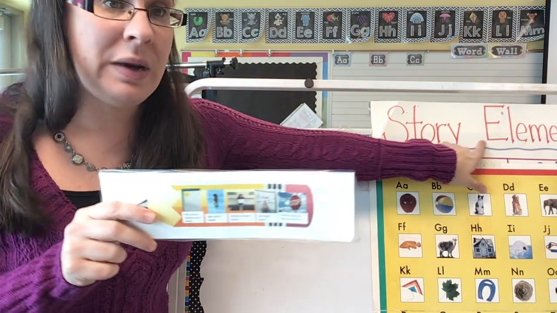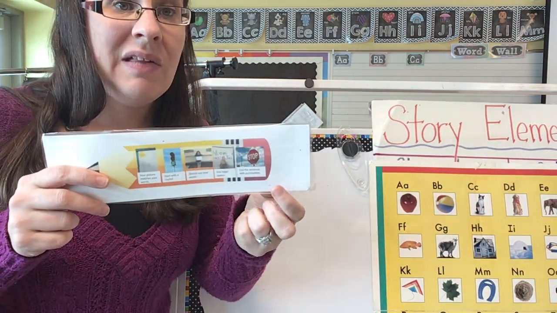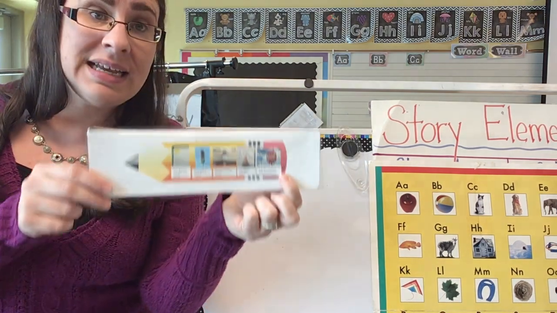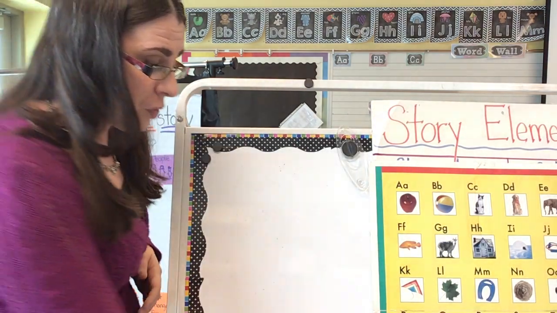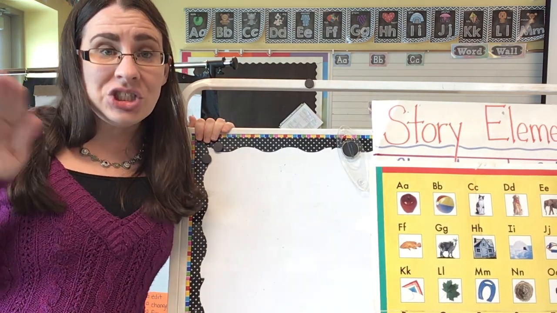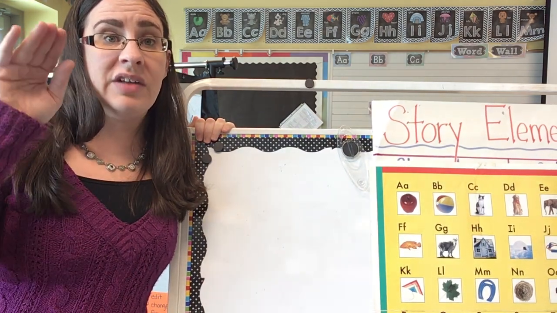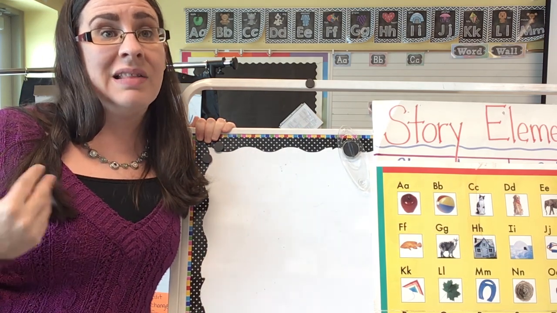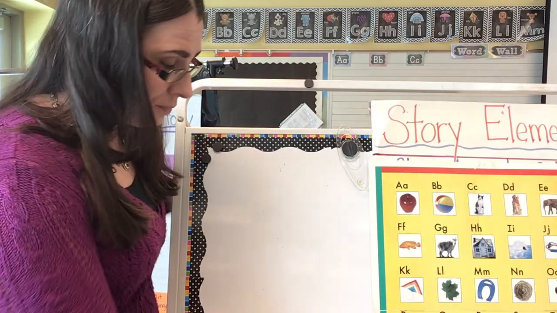See how I've got space right here? Like that. And then the last one is a stop sign, and that reminds us to end our sentence with a punctuation mark. Whether that's a period because it's a telling sentence, or a question mark because it's a question, or even an exclamation point because it's an excited sentence. You want somebody to read like they're excited, okay?